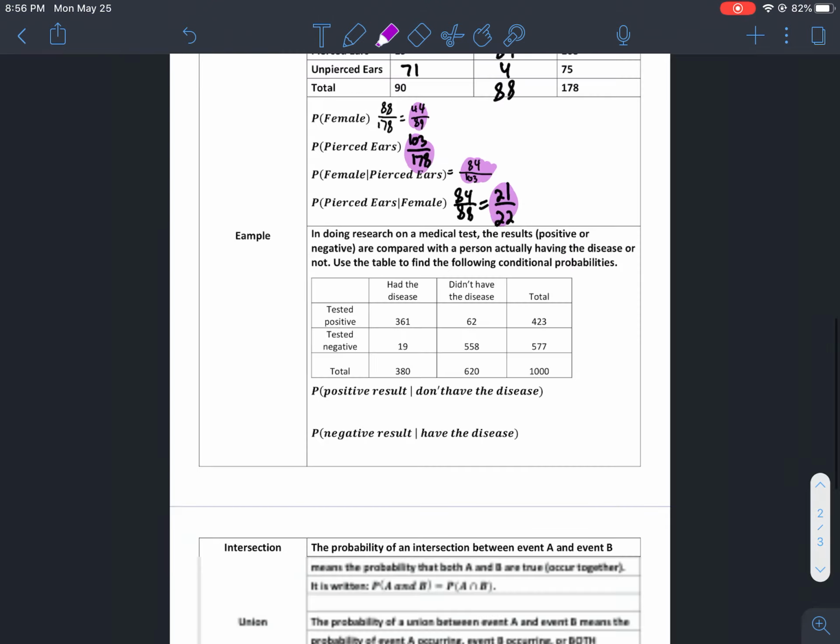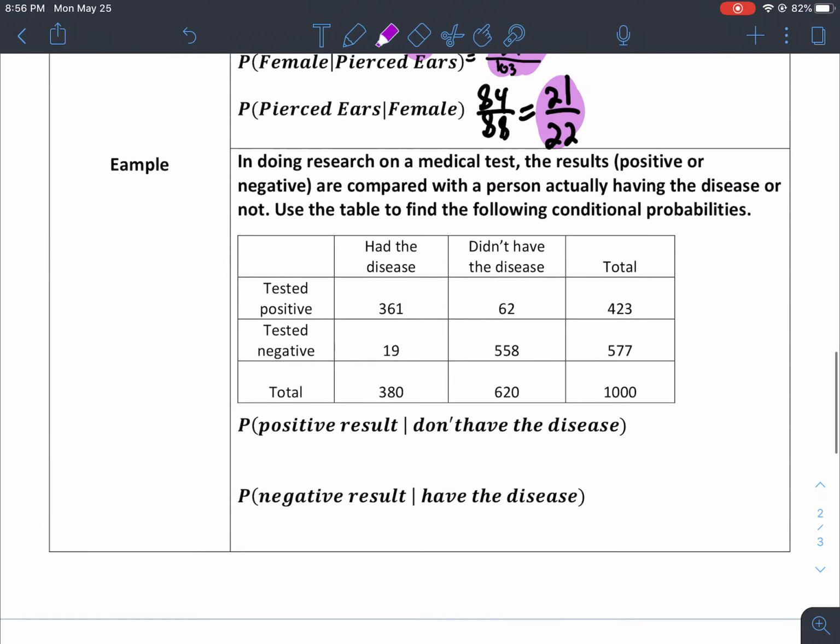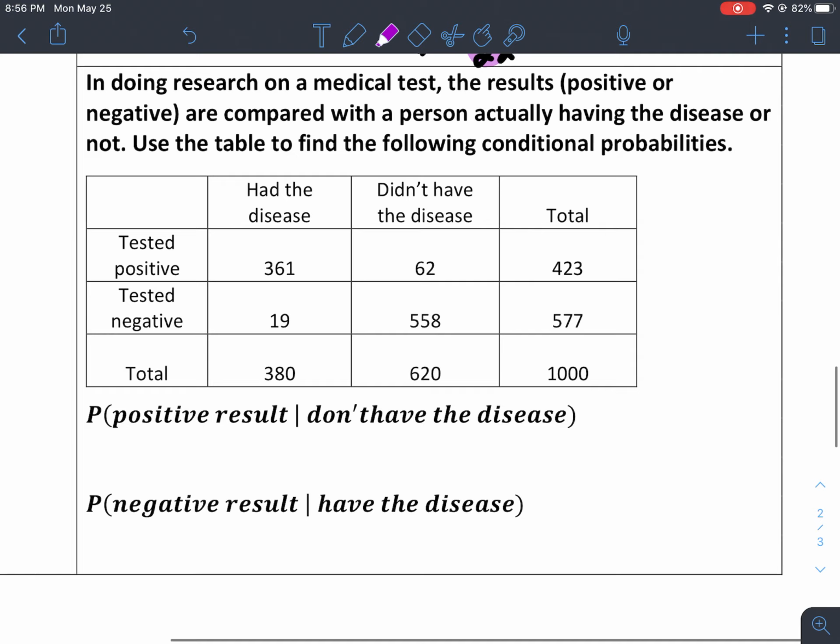Now this one, you might want to copy down the table and fill out yourself. This is something that's super commonly used with various medical tests, which is there are things called false positives and false negatives. If you test positive but don't have the disease, that is a false positive. That means the test says you have this, but you didn't.